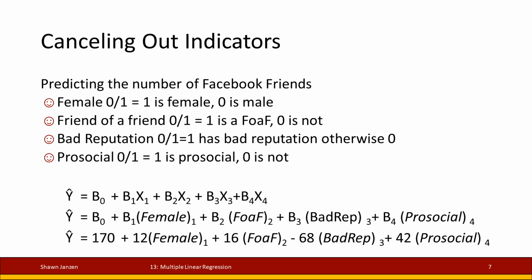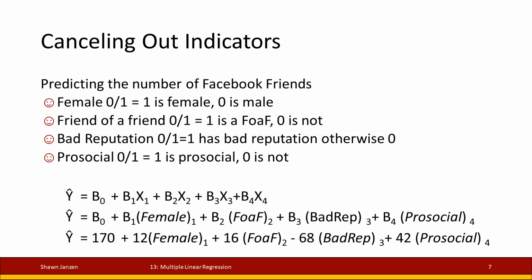So we would set up a regression equation that would have a y-hat, a predicted value of the number of Facebook friends. We have our y-intercept, and then where those x's were, I'm going to plug in the names of our indicator variables here. So we have female, FOIF for friend of a friend, bad rep for bad reputation, and prosocial. I could then go ahead and replace those betas with our regression coefficients.